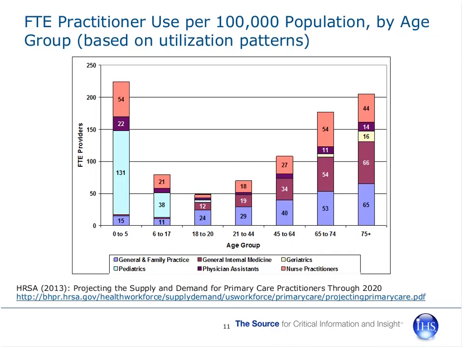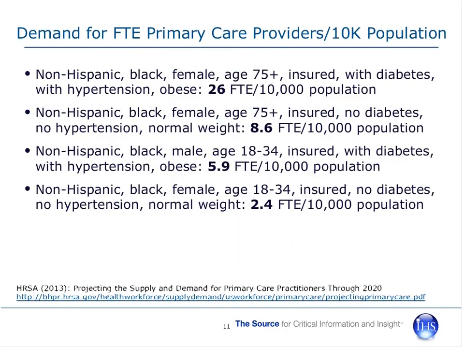Geriatric medicine also grows substantially in percentage terms, and a large portion of care that currently is provided by other primary care providers could perhaps be provided by geriatricians. This just reflects if we take current patterns of use and care and extrapolate those to the future.